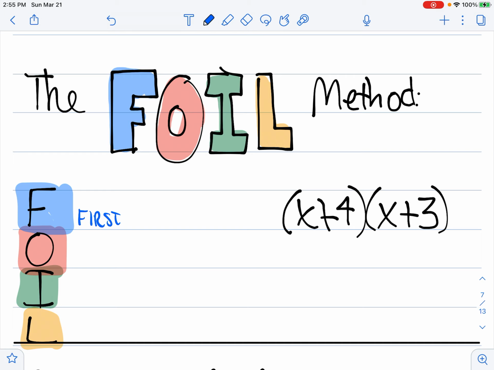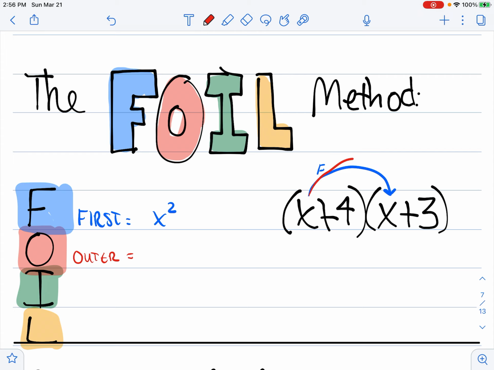So we're going to take x times x, and when I multiply x times x, I get x squared. Now, for the O letter, that stands for the outer terms, okay?